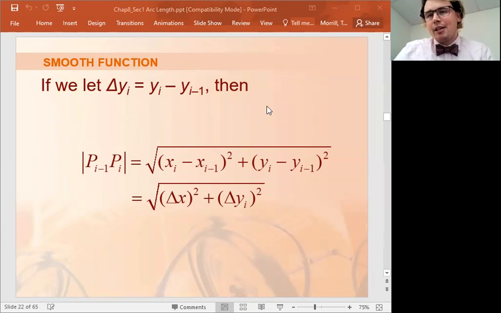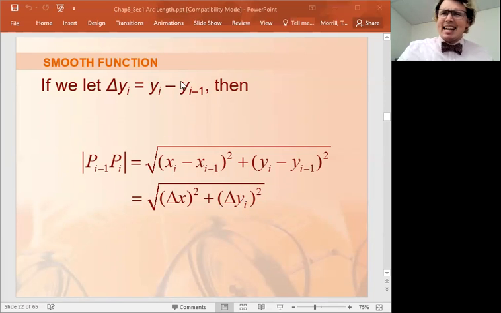The height is what could change, and I will call that delta y sub i. So depending on which interval I'm at, I could have a very steep triangle, I could have a very shallow triangle. It'll depend on what the value of i is.